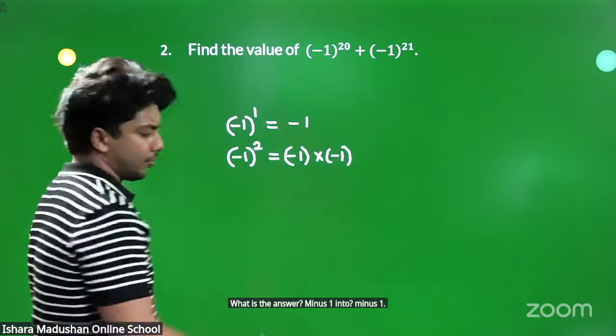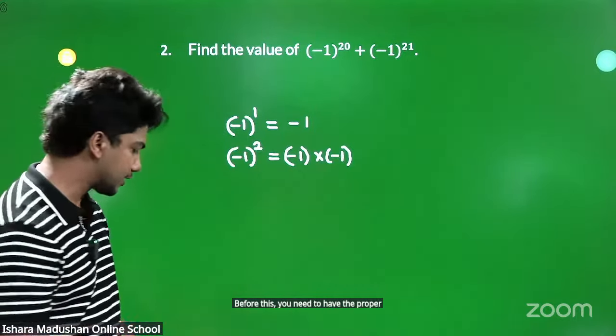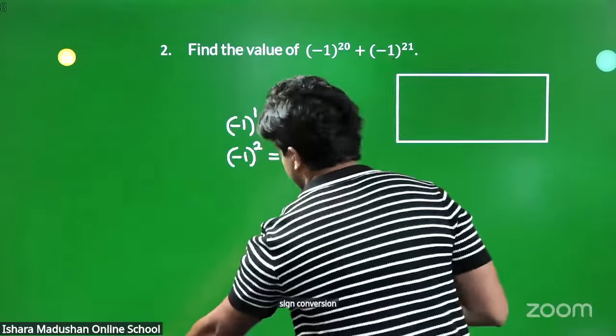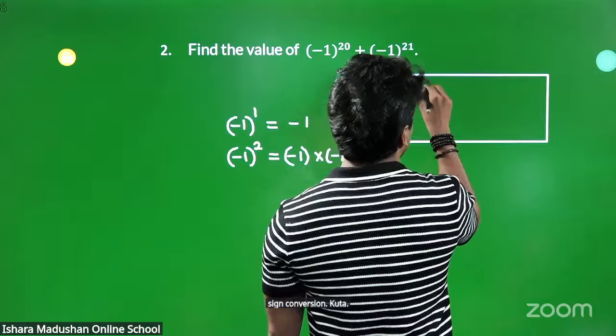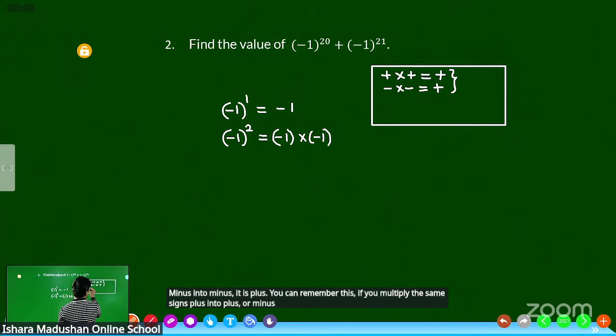Before this, you need to have the proper understanding about the sign conversions. Plus into plus, it is plus. Minus into minus, it is plus. You can remember this: if you multiply the same signs, plus into plus or minus into minus, it is plus.